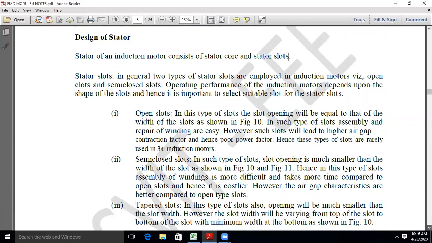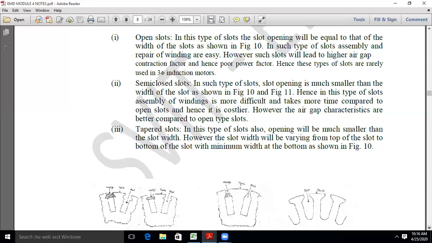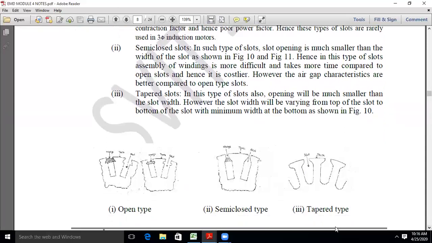Here we can see the main figures showing the design of this open type slot. It is a wedge shaped slot like this. This is the structure of the open type slot.